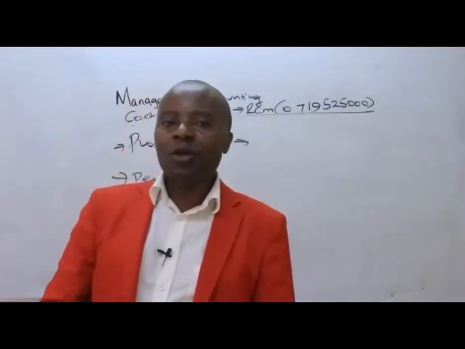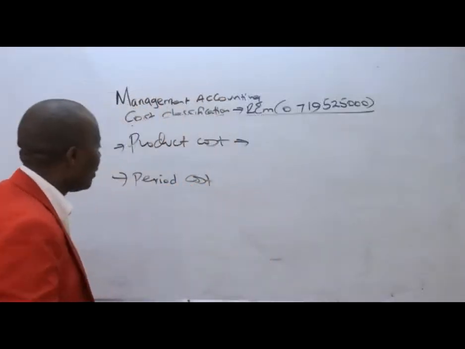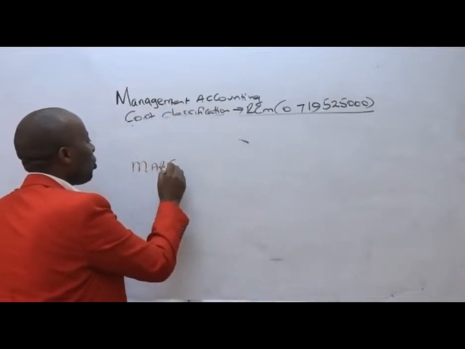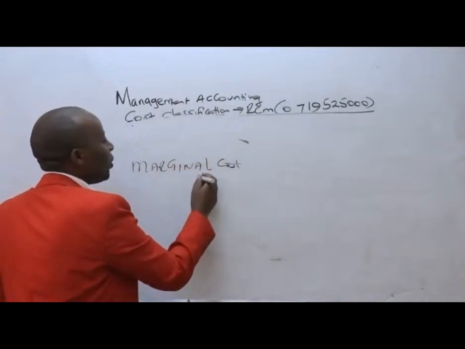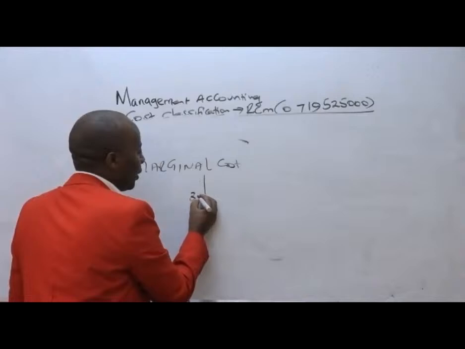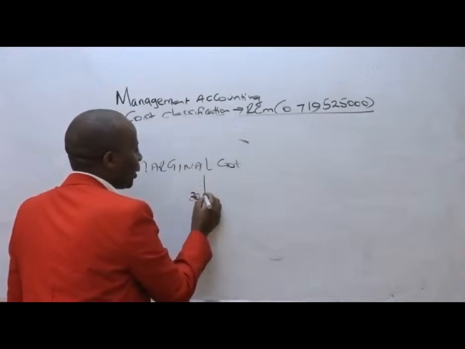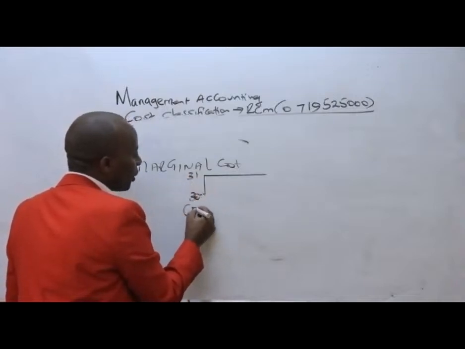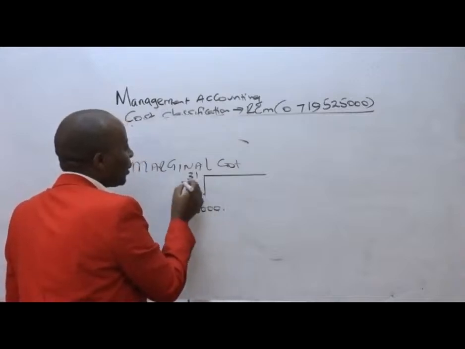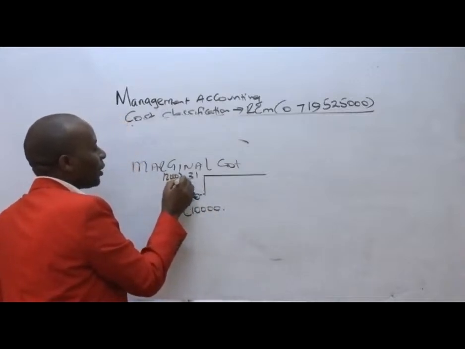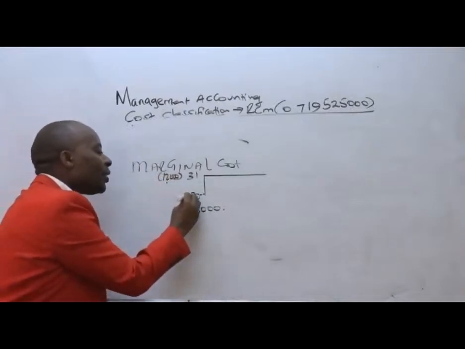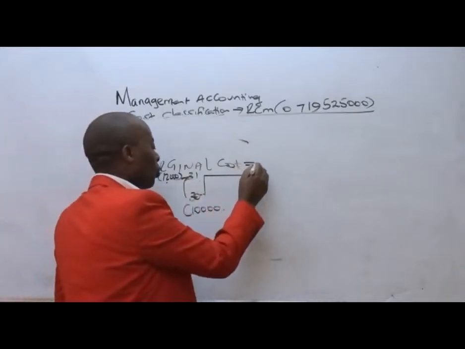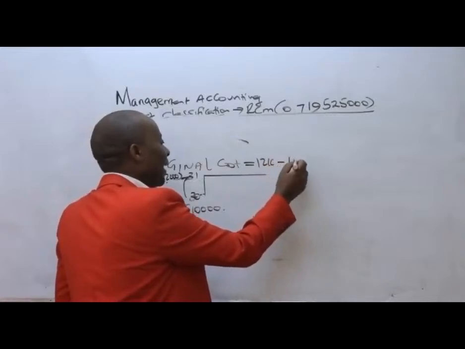When we talk of marginal cost, ladies and gentlemen, if for example we have here 30 units, and then we have 31 units here. If these 30 units were costing us 10,000, and the 31 units are costing us 12,000, then the incremental cost from 30 to 31 is 2,000 bob, which is 12,000 minus 10,000.